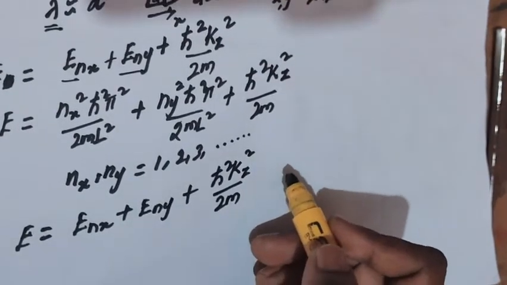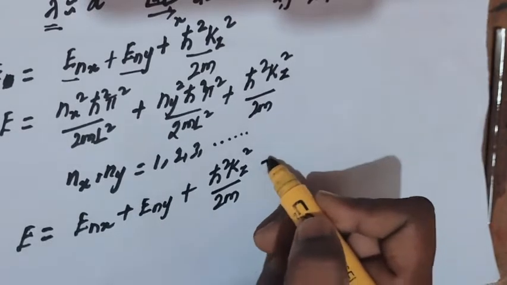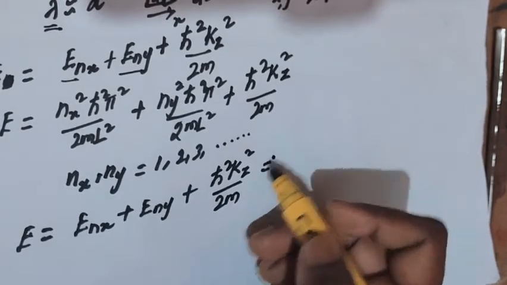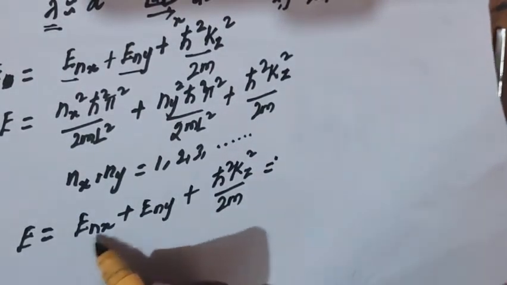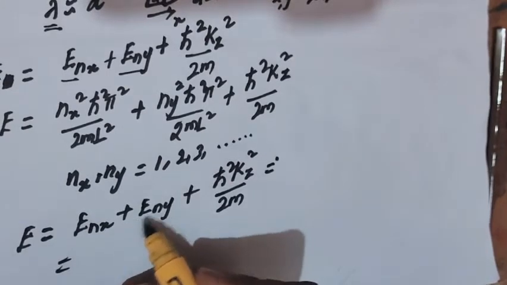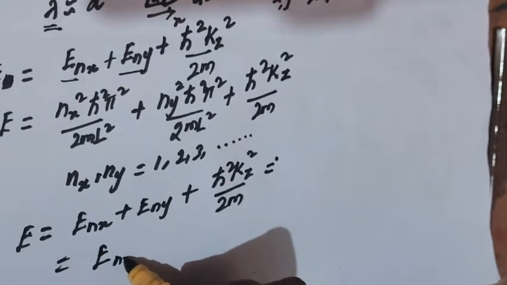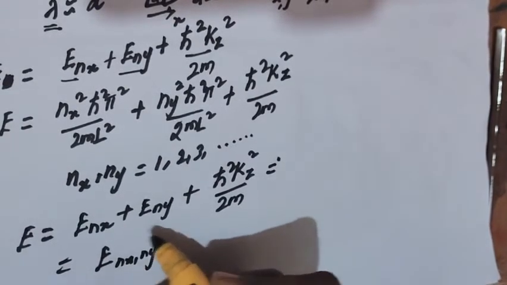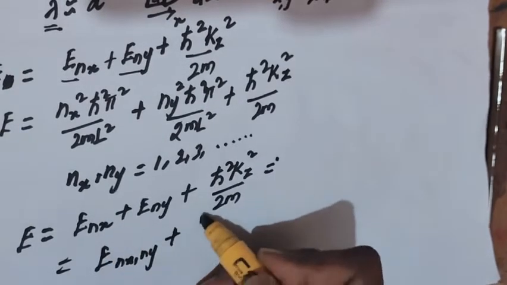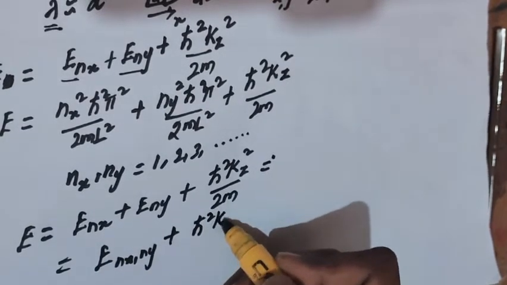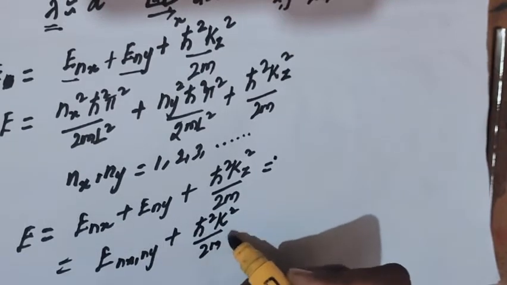Or else you can write Enx and Eny together as Enx,ny, plus h bar square k square by 2m.